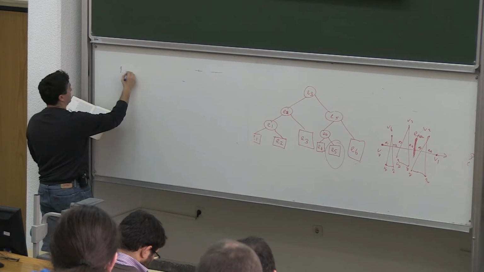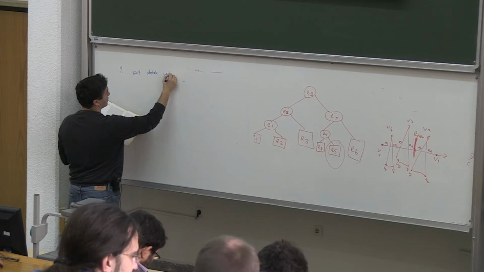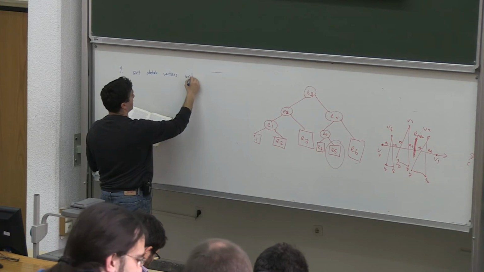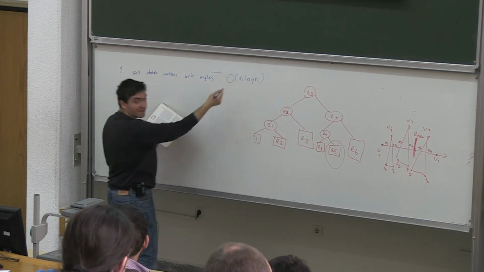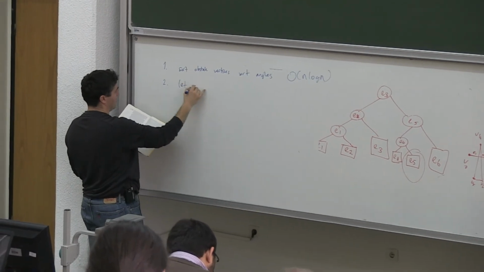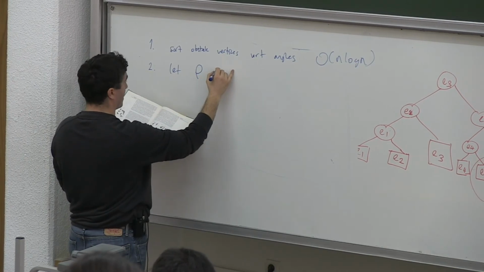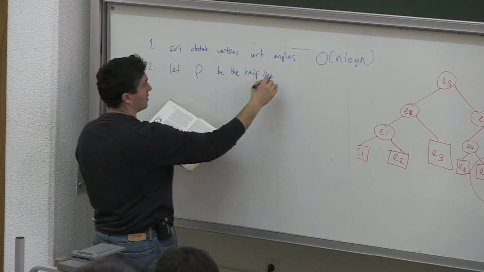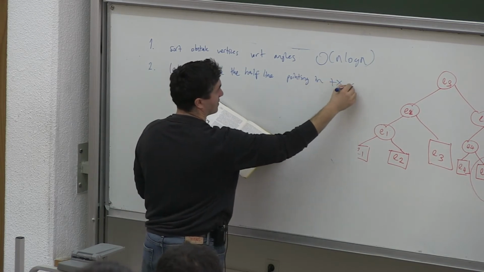We first, step one, sort obstacle vertices with respect to the angle they make, which is where the n log n complexity comes from, and let this rho be the half line pointing in the positive x-axis.